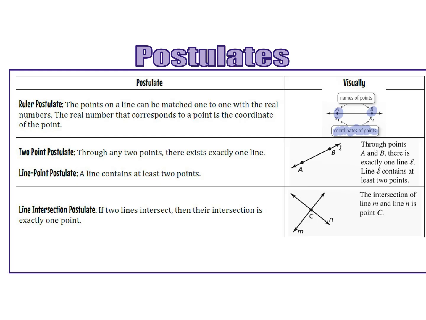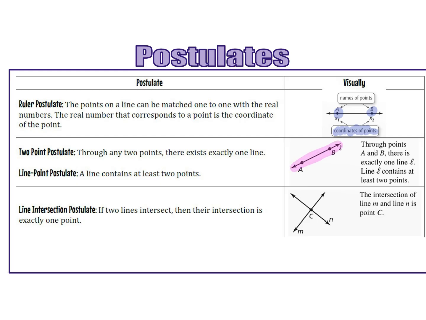No matter where we're looking at this segment, whether abstract or in a coordinate plane, we could find its length using a ruler, or using something that matches us with numbers and length.